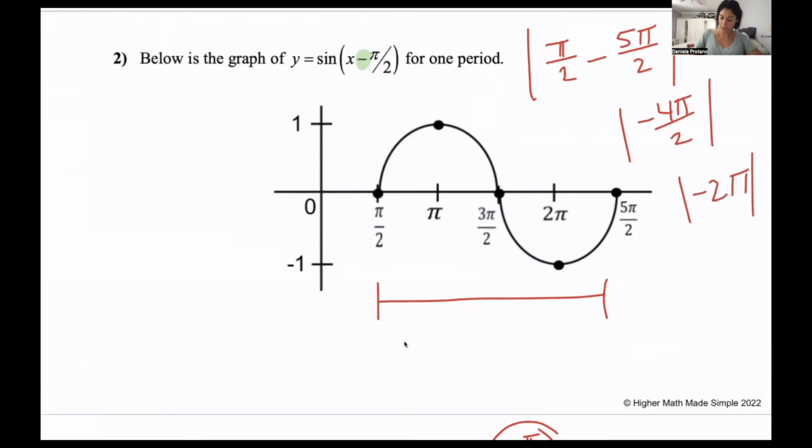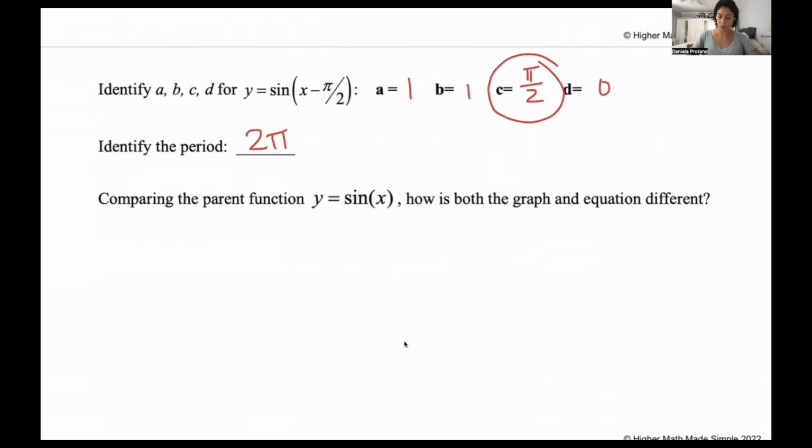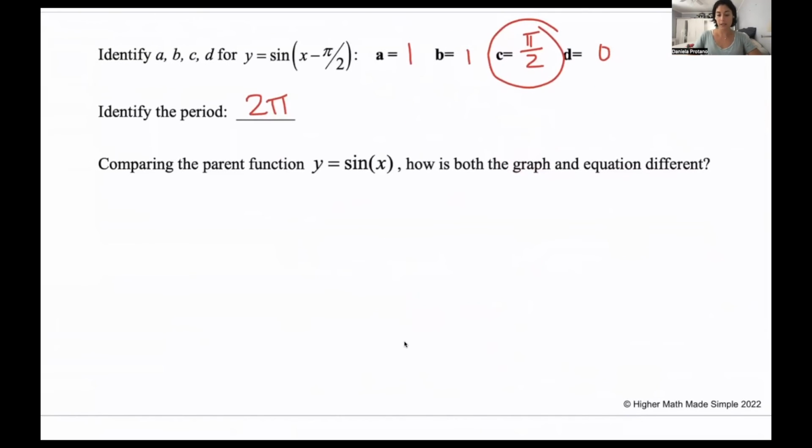So the distance is still going to be 2 pi. So that doesn't change. And it turns out, we'll see later, that when the b value changes, so when it's not 1, that's what's going to affect the period. So that's more later.